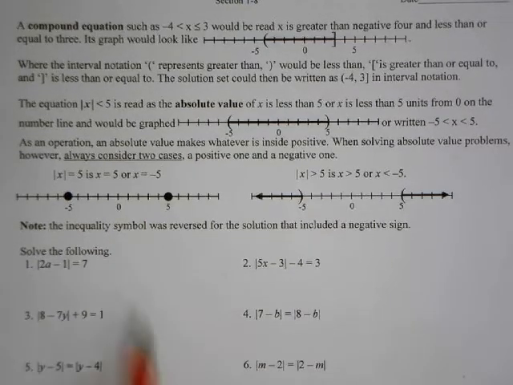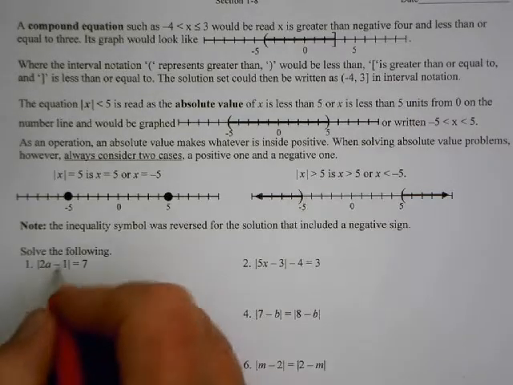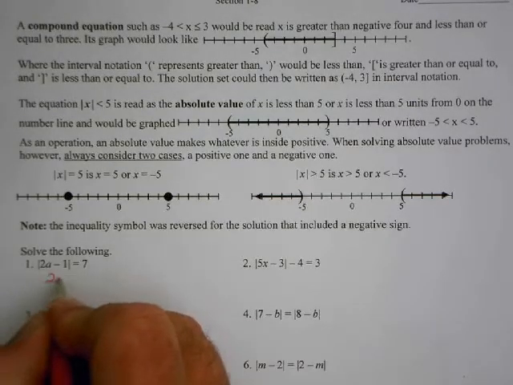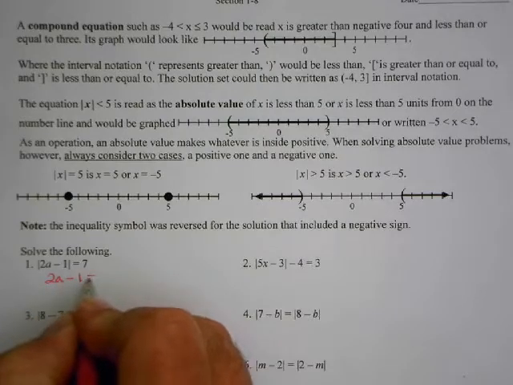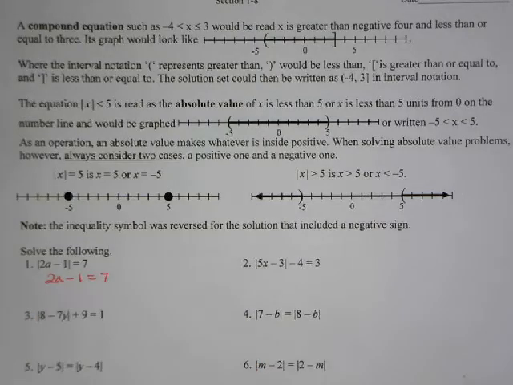So, for example, the absolute value of 2a minus 1 equals 7. So, one of the situations we'll set up will be just as written, as if there were no absolute value bars in the problem.